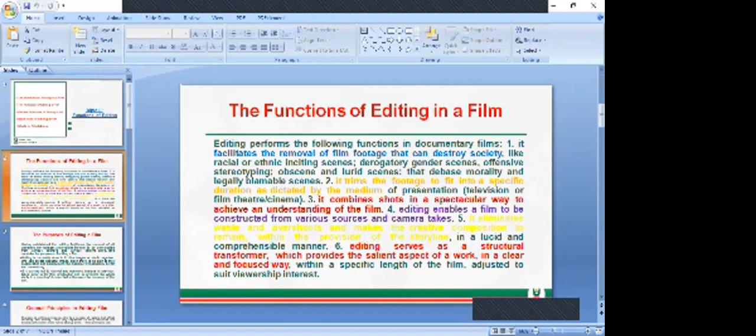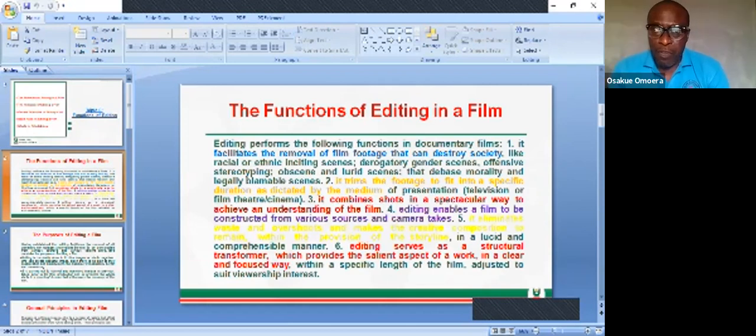Yes, sir. Okay. So editing performs the following functions in documentary films.